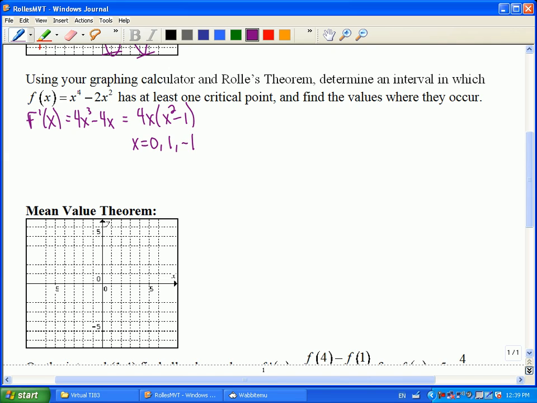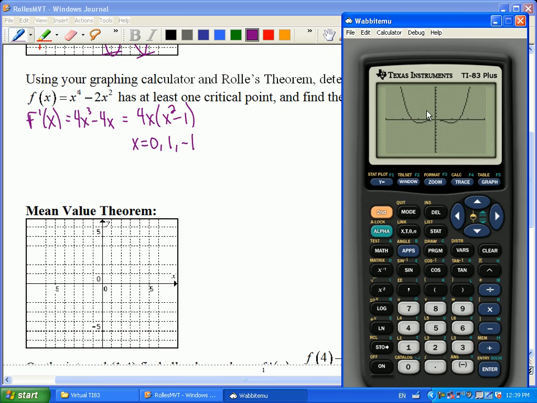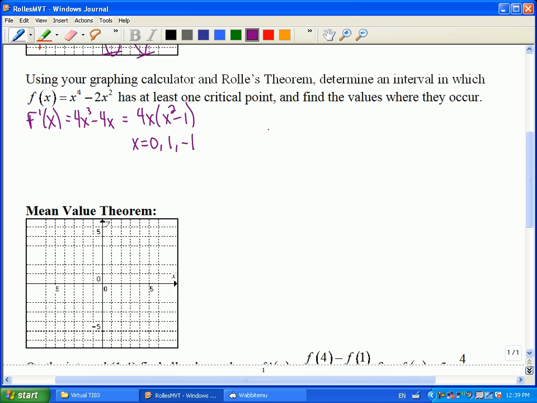So those are the 3 points where you should find your critical values, at 0, 1, and -1. And that was what we saw here in the graphing calculator. I'll just bring it up again one more time. So here at 0, -1, and +1, those are the critical points.